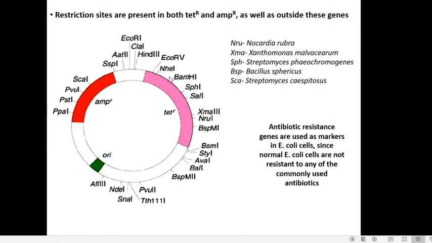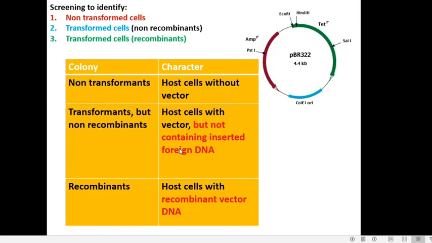But insertion of the foreign DNA will alter the sequence of this tetracycline resistance gene, because the foreign DNA has got inserted into the reading frame of the gene, that is tetracycline resistance gene. So if foreign DNA gets incorporated here, the property will be lost. That is, the property of tetracycline resistance will be lost. This is called insertional inactivation.